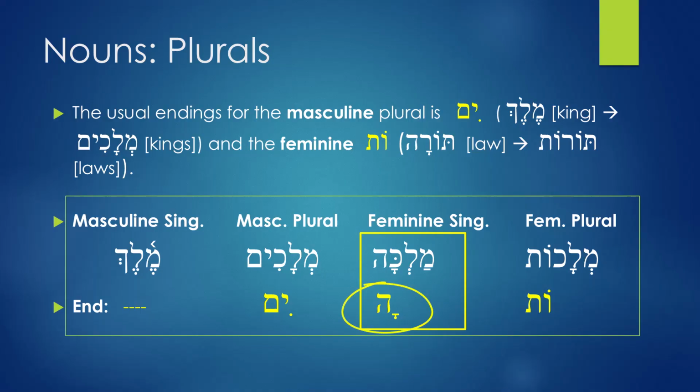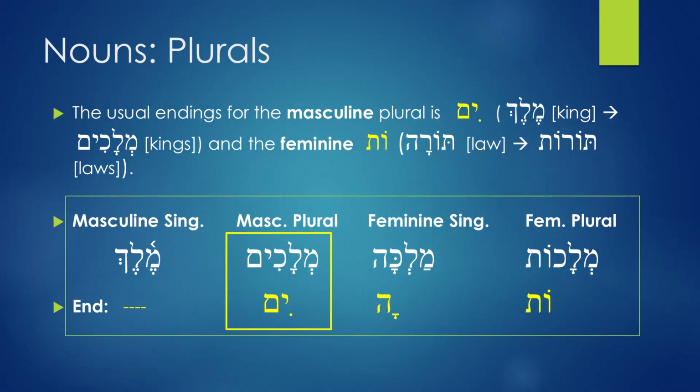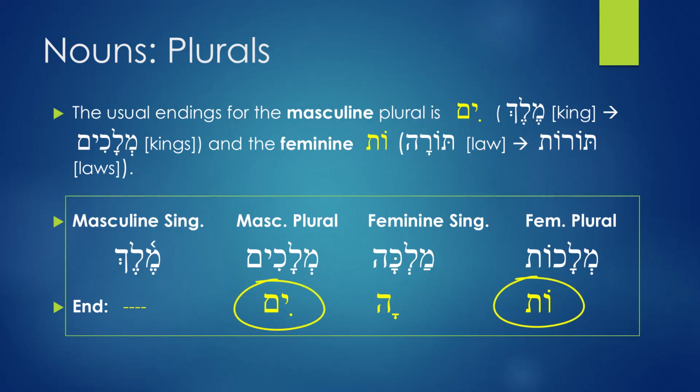When a word is ending with a, or sometimes tav, that word is going to be a feminine singular noun. So masculine singular nouns have no special ending, but feminine singular nouns have a special ending, and that ending is a. But in the plural, both of them have special endings. For example, the masculine plural ending is going to be im, and the feminine plural ending is going to be ot. These are special endings that you need to know and master. But as we look at more examples, you're going to understand.